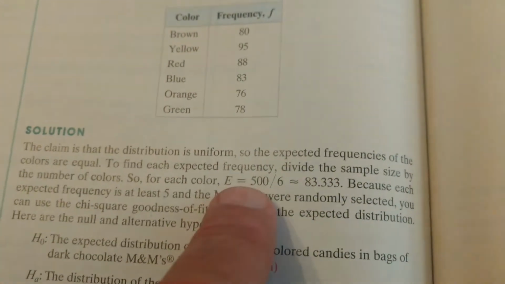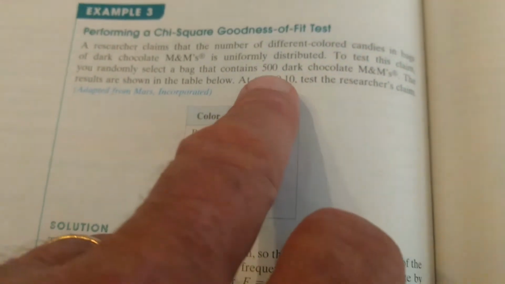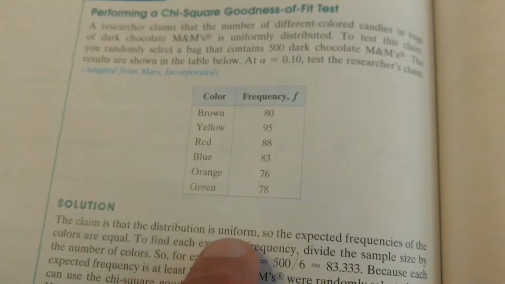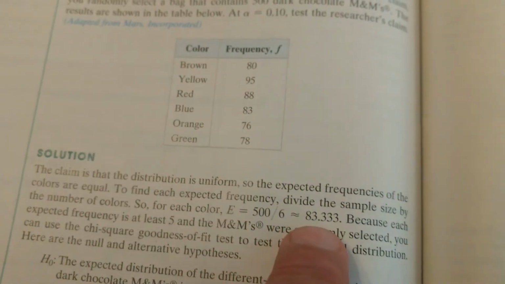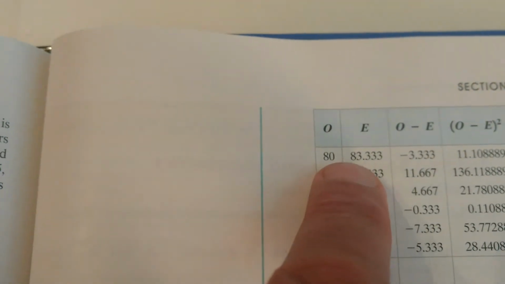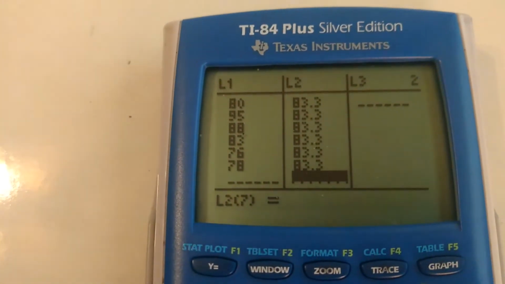The 500 was the sample size, that's how many were in the bag. We have 6 categories, 6 colors. So if we divide 500 by 6, we get 83.33. So there are our expected values. I just chose to put 83.3 in list 2.